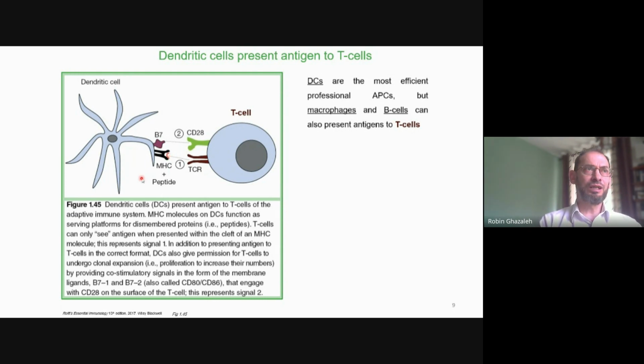But generally when we talk about antigens, we're talking about a small piece of a pathogen which is able to be recognized by cells of the immune system. In the case of presentation of antigen by dendritic cells, what's actually being presented is a very, very small piece, a peptide of about 13 amino acids long.